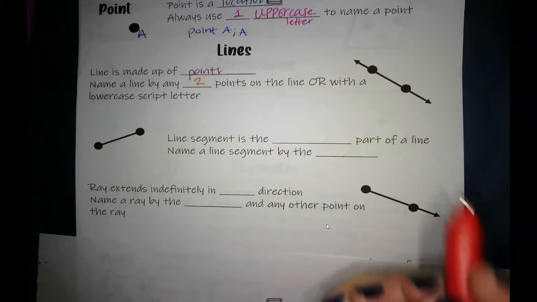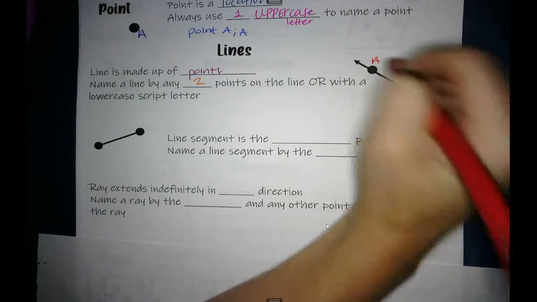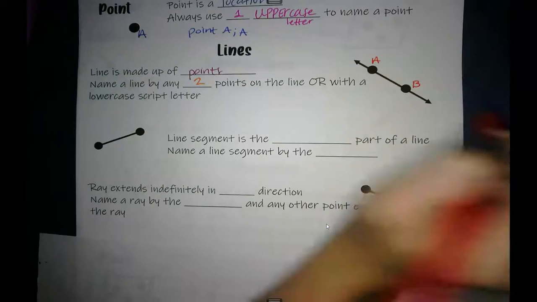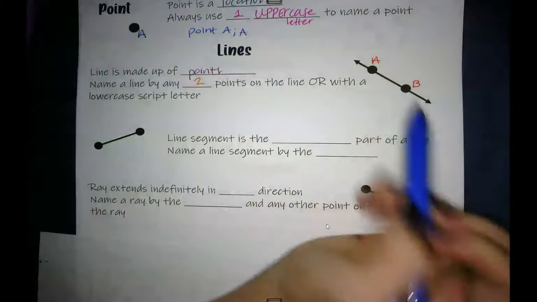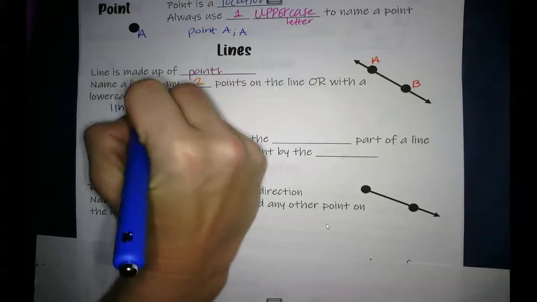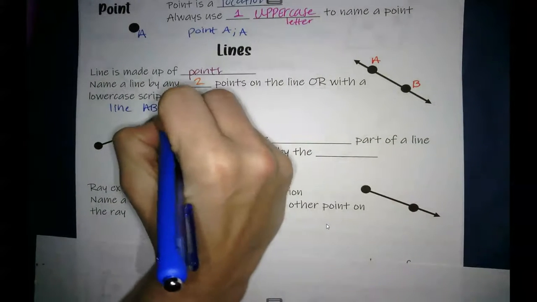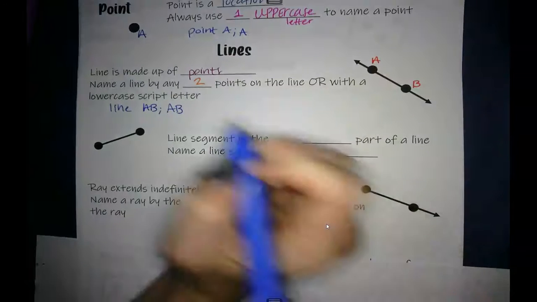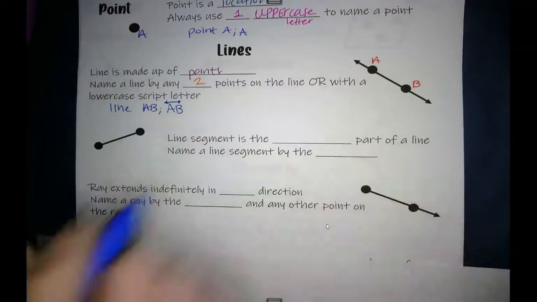So we've got 2 points shown on this example, so I can name this line by the name of those points. And let's just say that they are A and B. So I can call this line AB. I can write it AB and put a little line symbol above that.